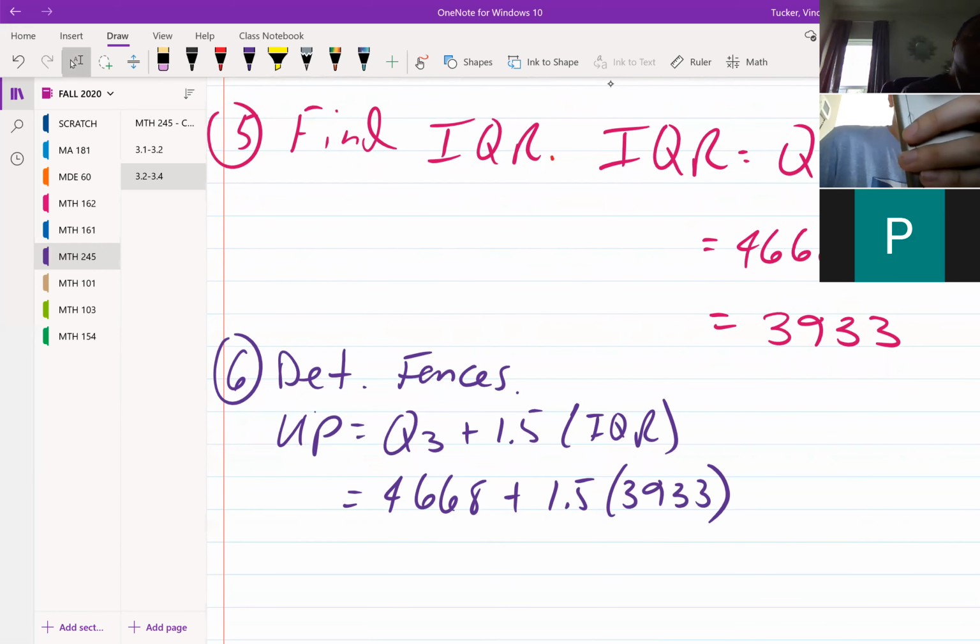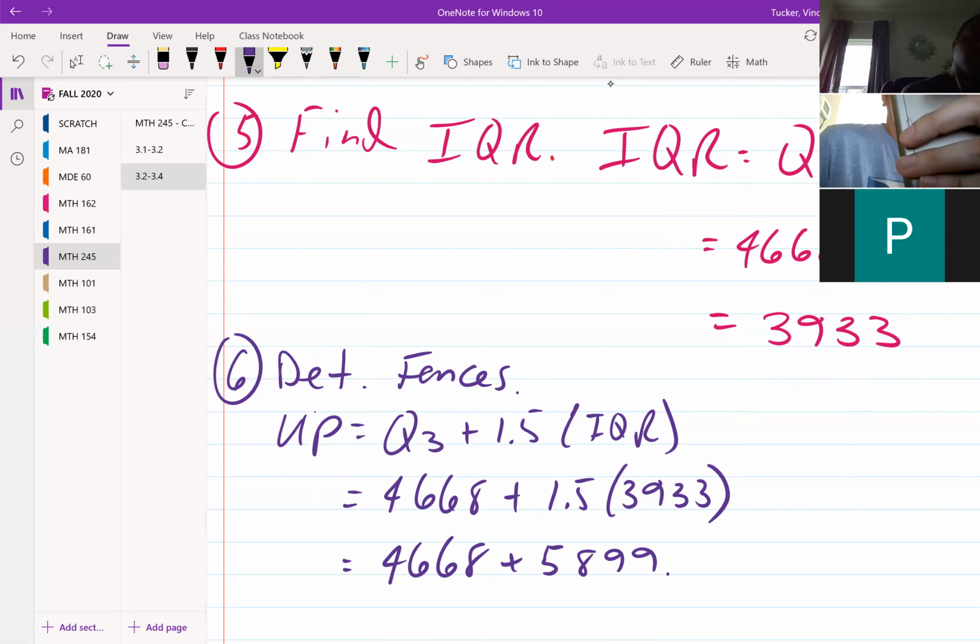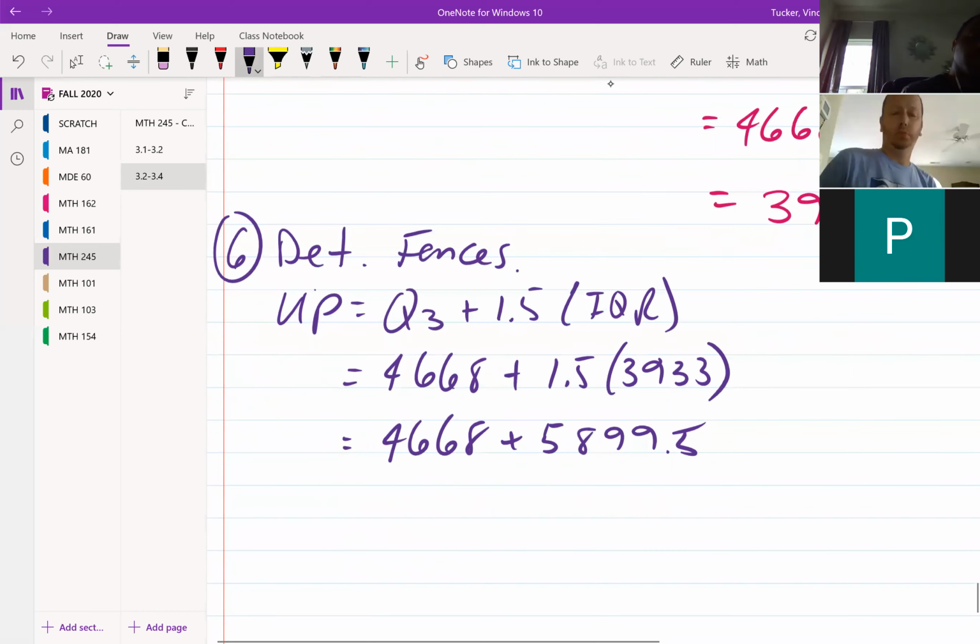You do 1.5 times 3933 first, which would be 5899.5. Yep, you got it. And add that to 4668, which gives 10,567.